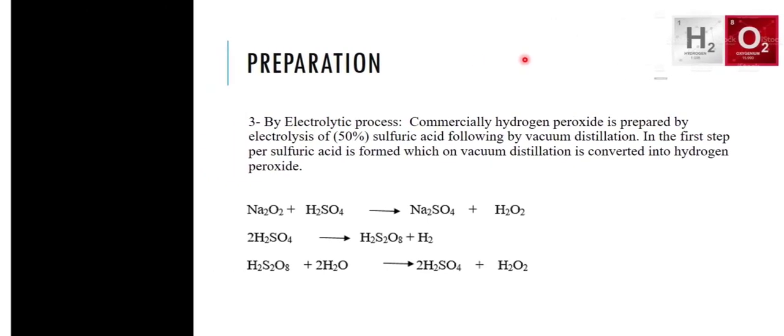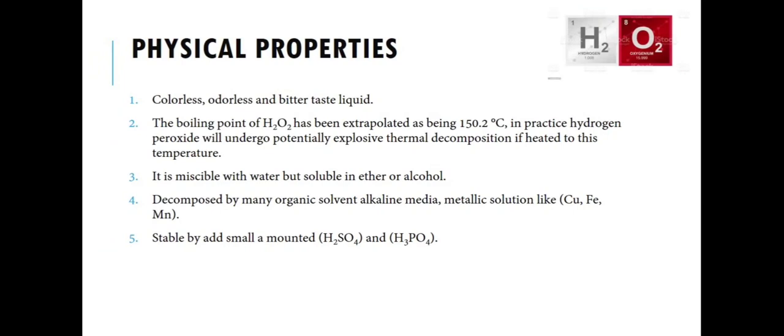Next are the properties of hydrogen peroxide. It is a colorless, odorless liquid with a bitter taste. The boiling point of hydrogen peroxide has been extrapolated as 150.2 degrees centigrade. In practice, hydrogen peroxide will undergo potentially explosive thermal decomposition if heated to this temperature.